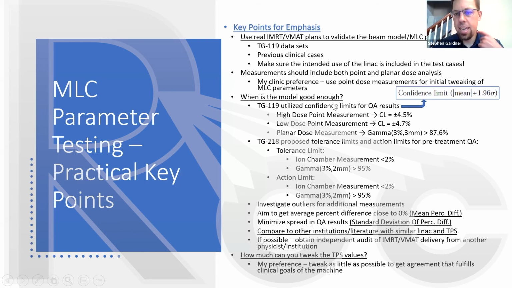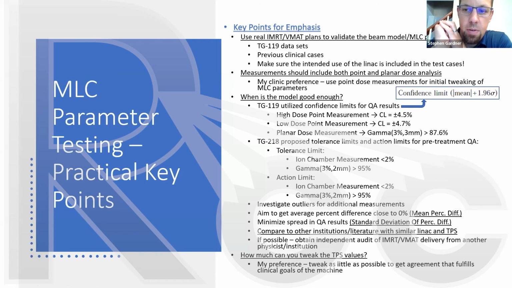In TG119, they used the concept of a confidence limit to characterize QA results. The confidence limit is defined as the mean value plus 1.96 times the standard deviation. For their high dose point measurements, they found the confidence limit from their data was plus or minus 4.5%, and for low dose, 4.7%.